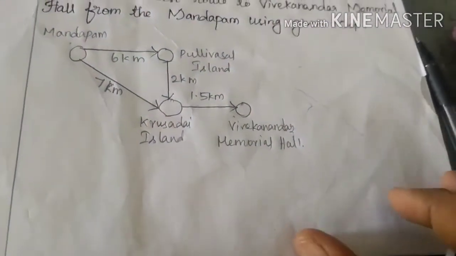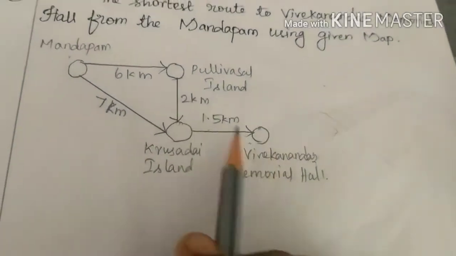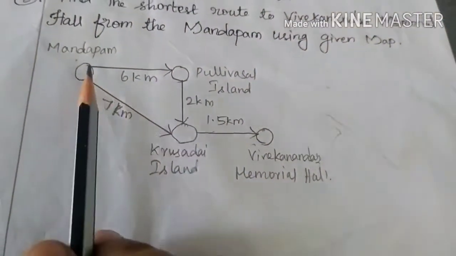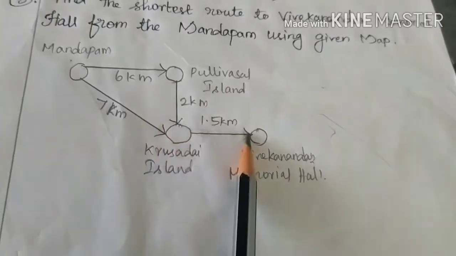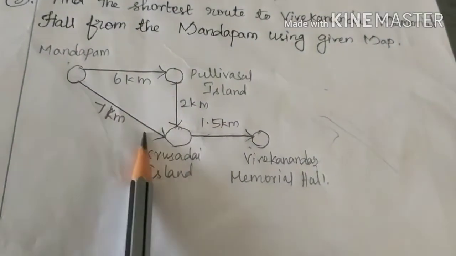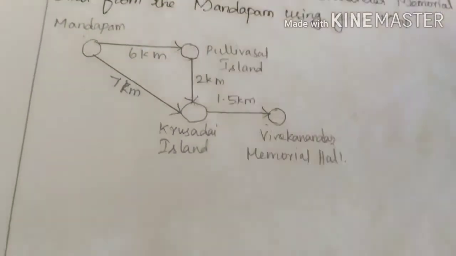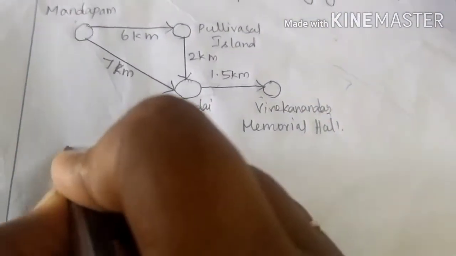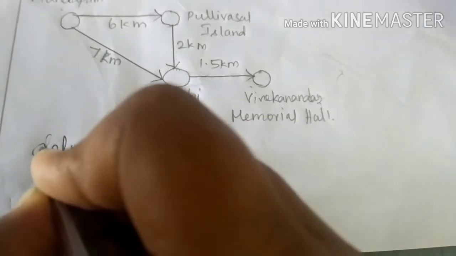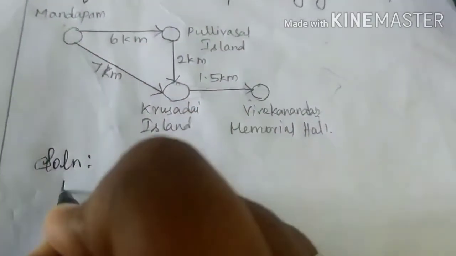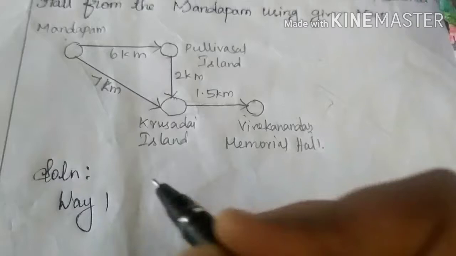First you just find how many ways there are to reach this place from here. Okay, way 1 is 1, 2, 3. This is way 1. Another way is this. Okay? So I am going to solve this. Look at this, very easy. Solution, way 1.